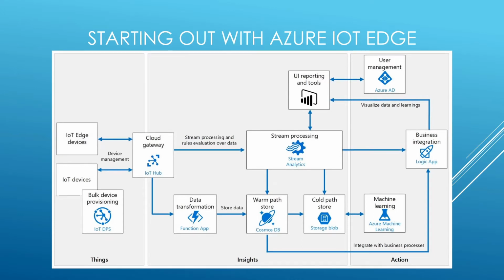Adding Azure IoT Edge functionality to the process changes how things are accomplished in the overall process. Quote-unquote normal IoT devices are designed to send their raw data to the cloud via Azure IoT Hub, and then there are cloud services like Stream Analytics or machine learning that perform calculations to process insights on that data.